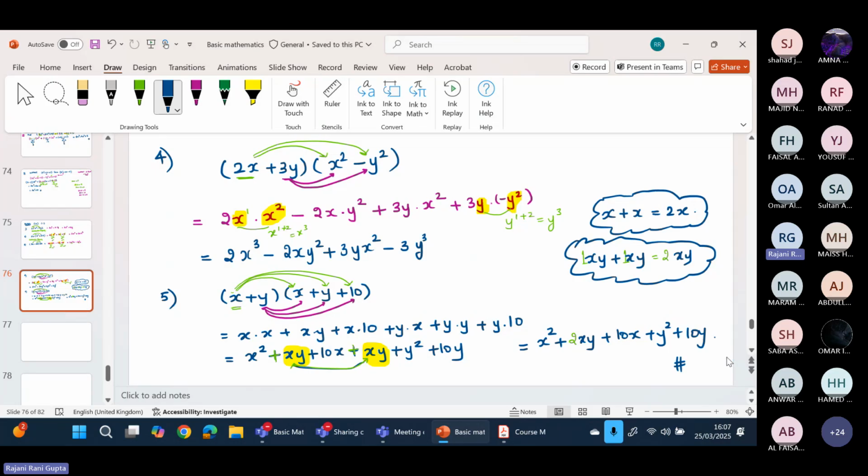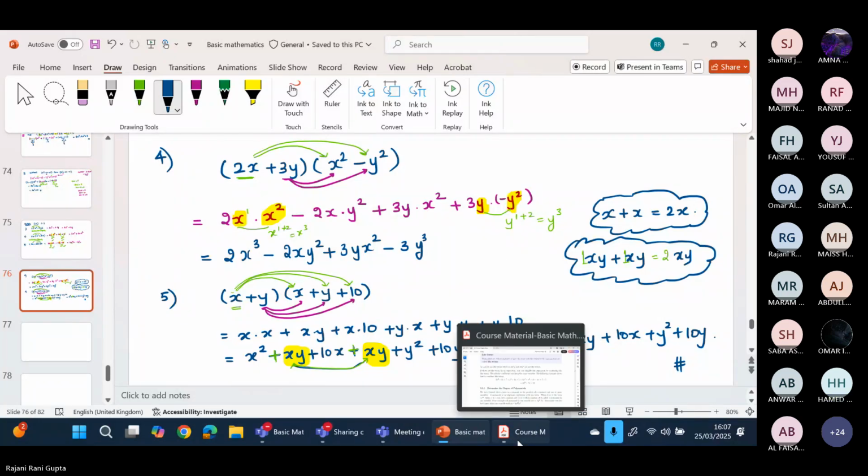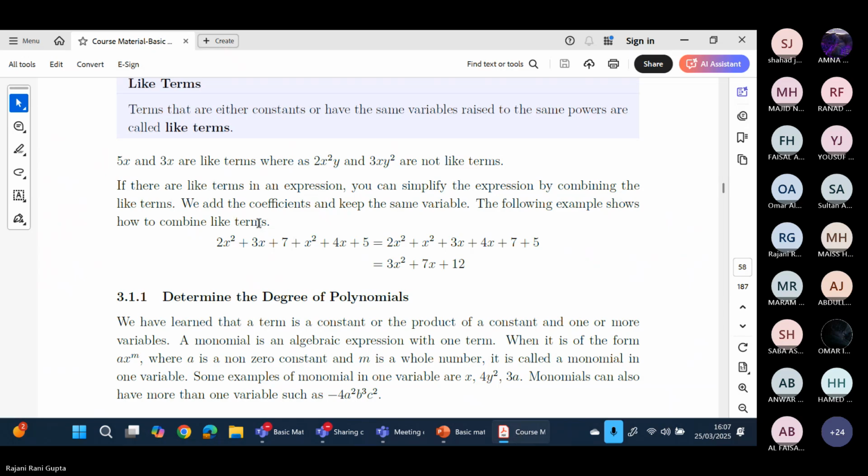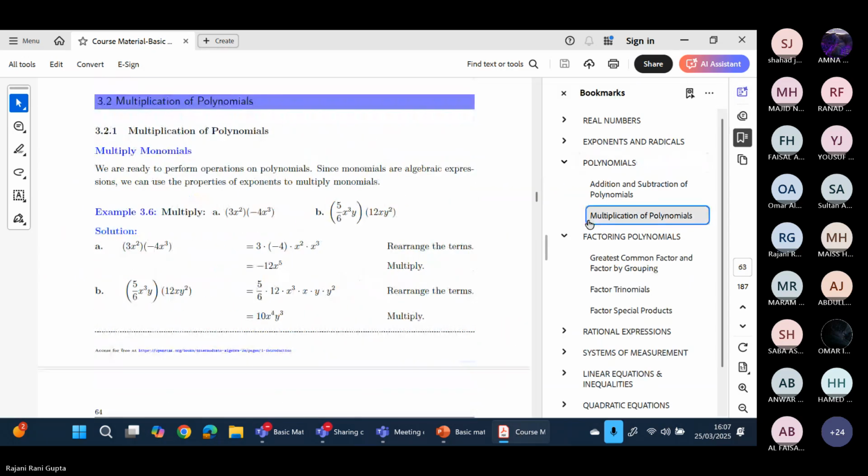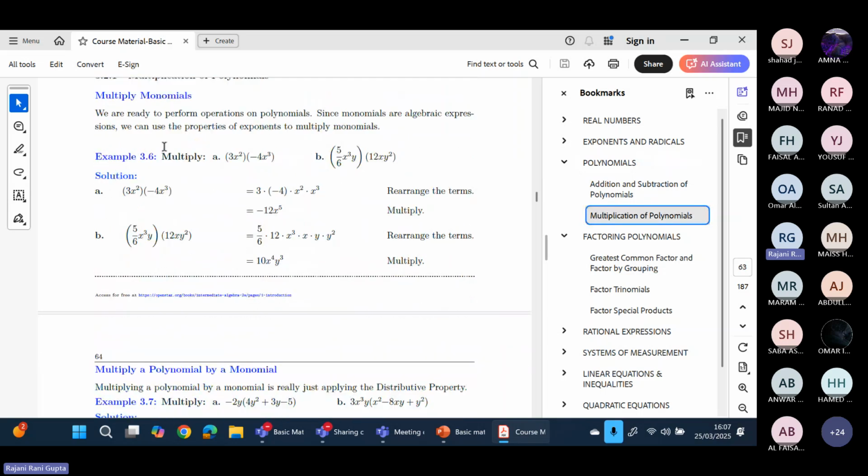Did I miss something from chapter 3? Special products. 3.2.2. Let's see, what is it? Multiplication. 3.2.2.